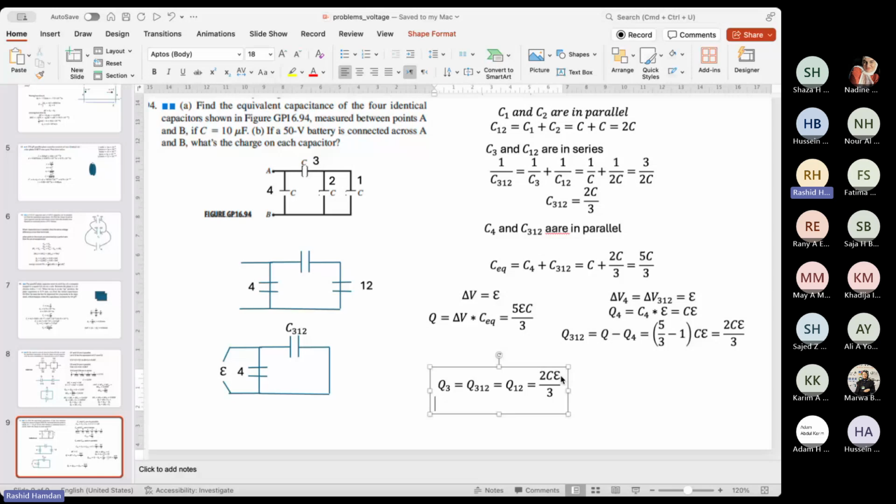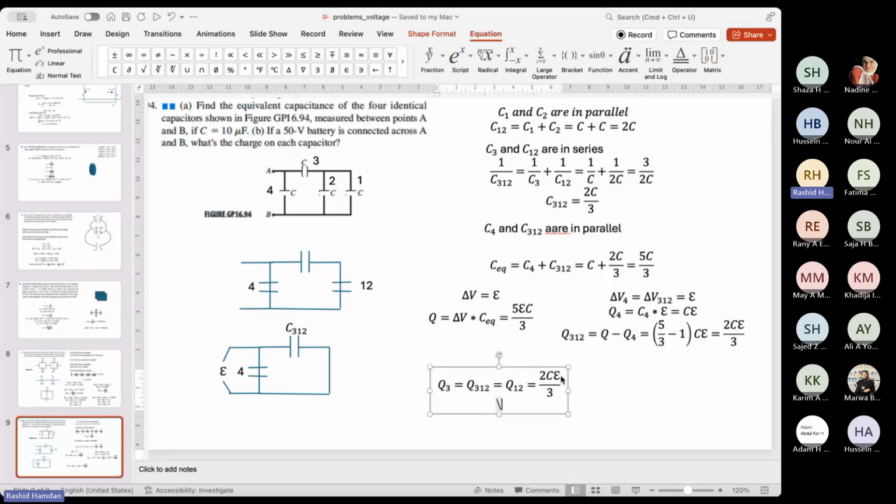Now I want to split 1 and 2. 1 and 2 are in parallel, so I need to know the voltage. So I have to know the voltage on 1, 2. So delta V12 is equal to Q12 over C12. So it's equal to 2/3 CE over 2C.